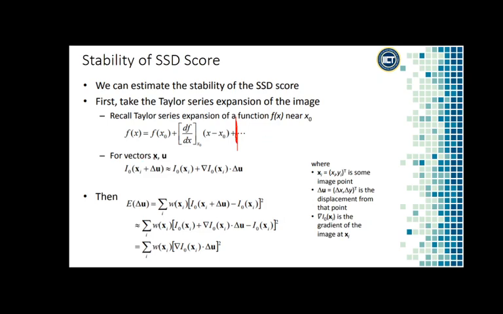So for the vectors x and u, we want the displaced intensity values for I0. So what we can do is take the derivative for it as we do in HOG. Because HOG also considers the gradients, and gradients are referred to as the differentiation. So this term is the same as this term. You can relate to it.